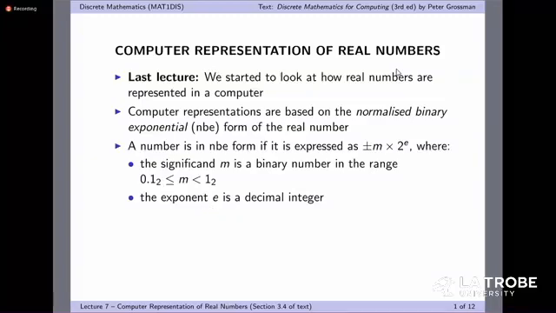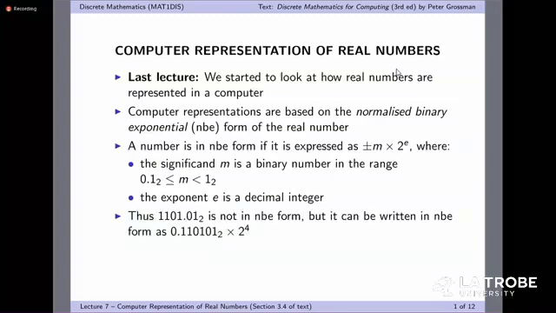So, for instance, this number 1101.01, where the subscript 2 indicates that it's binary, is not in normalized binary exponential form because this number is not in this range. To bring it into this range, I move the decimal point to the left. How many digits did I move? 1, 2, 3, 4. So this would be 0.110101 times 2 to the power 4.